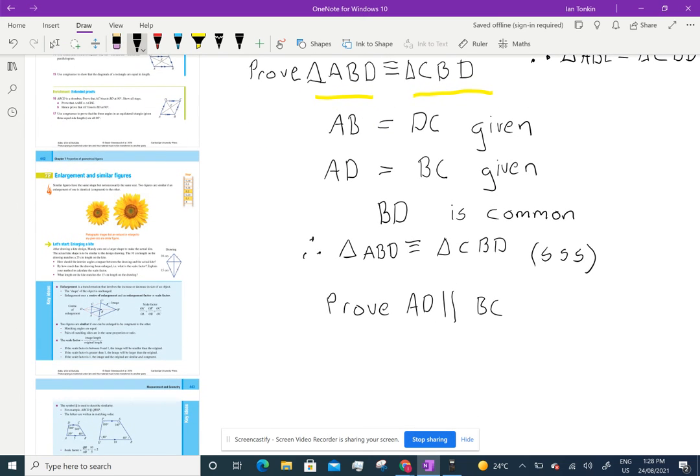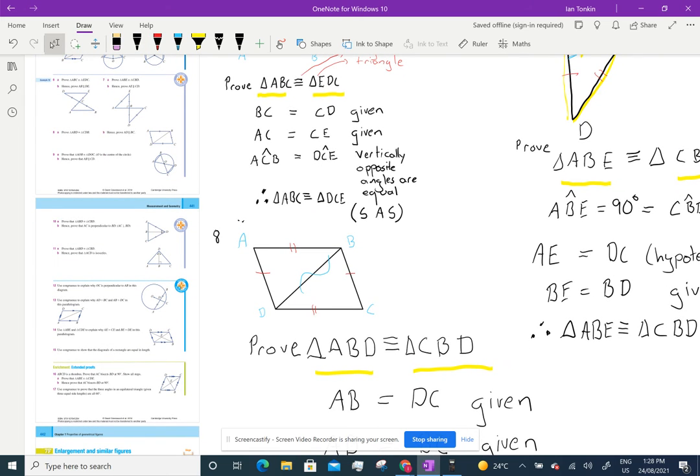Well, to prove parallel, I need something that indicates that the sides are going at the same gradient. And what can I do? Well, if this angle and this angle are equal, well, they're alternate angles. And they are equal because they are corresponding angles in both triangles.